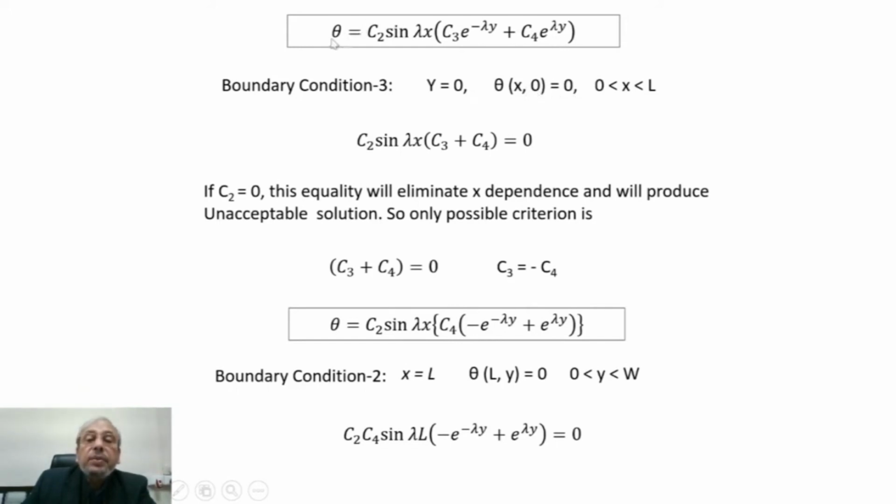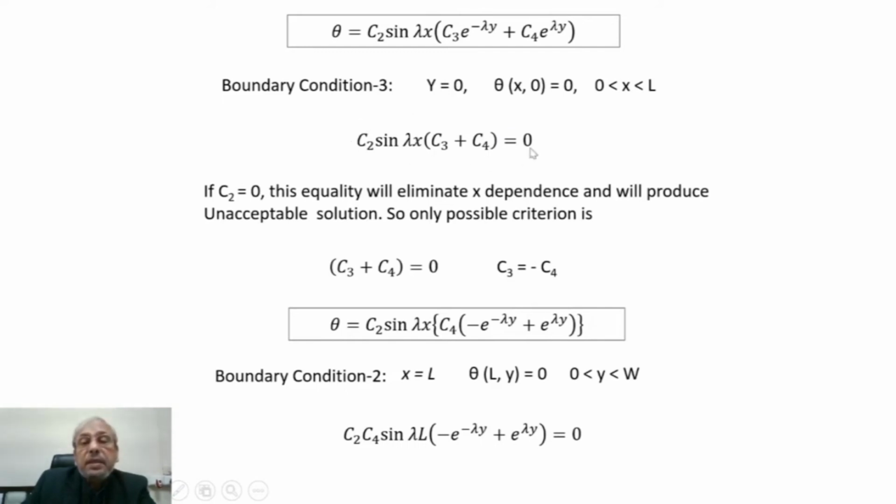Substituting y equal to 0 in this equation, we get C2 sine lambda x times (C3 plus C4) equal to 0.